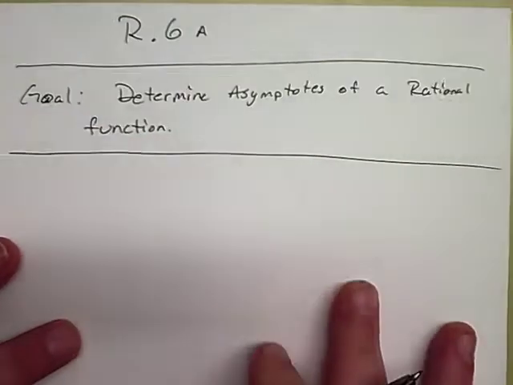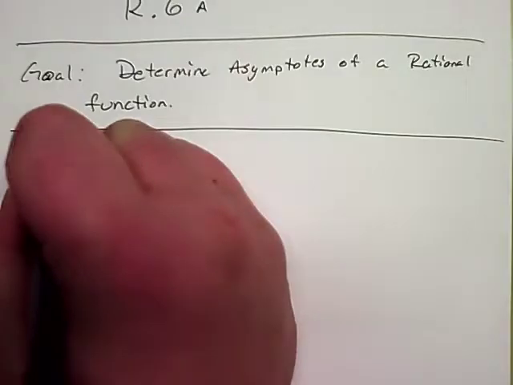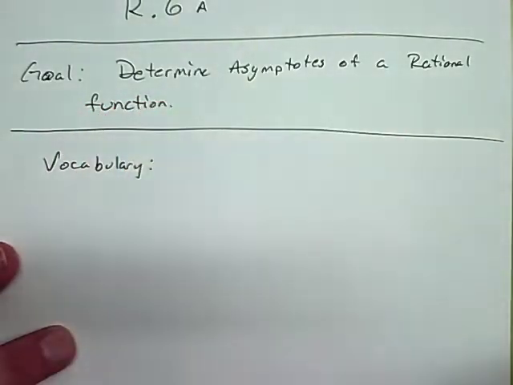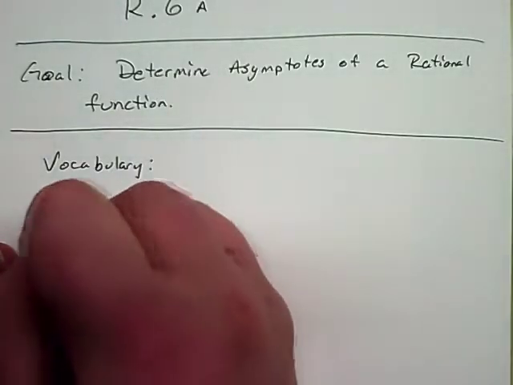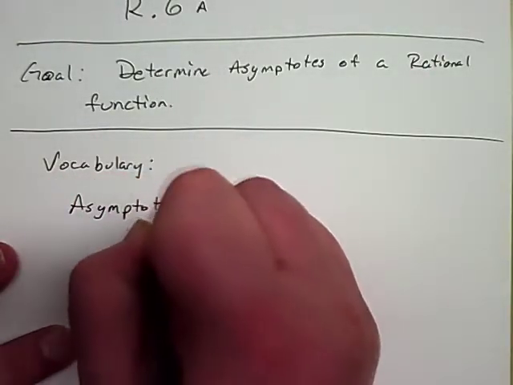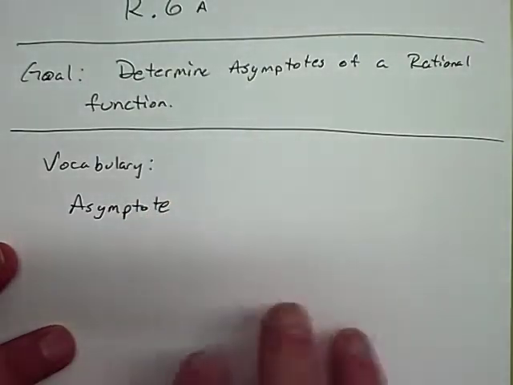So with that, I really want to dive into some vocabulary here. There's only three words that I want to make sure that we know. The first one is asymptote.